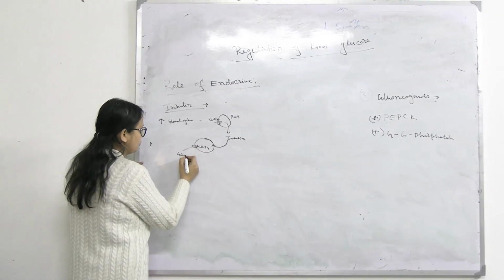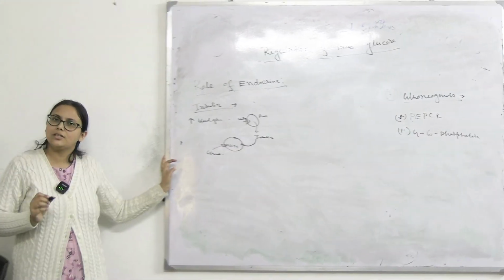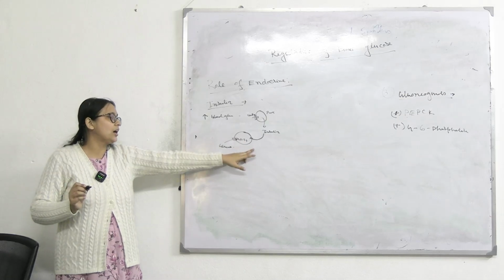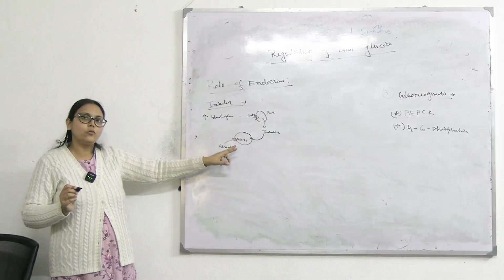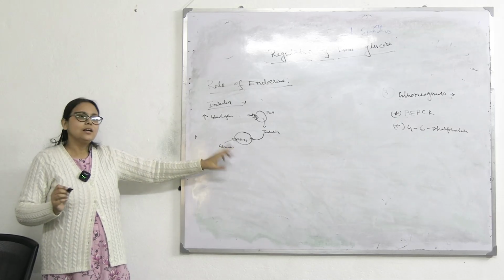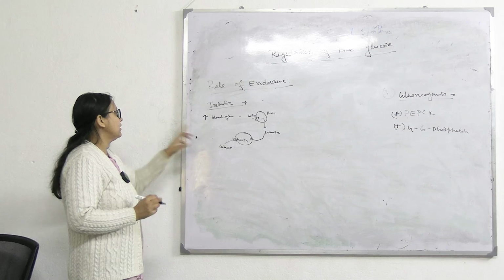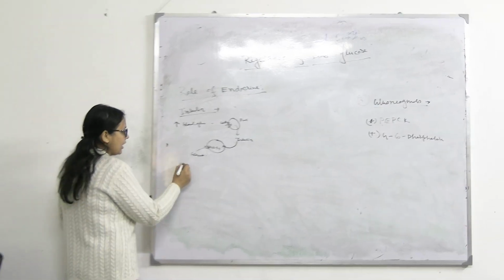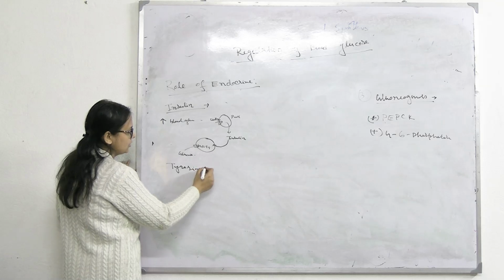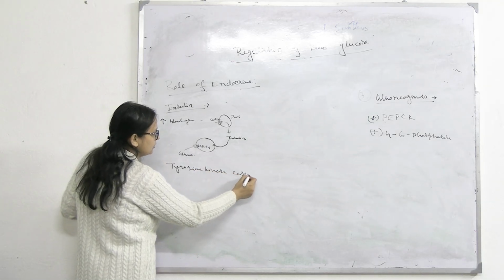This is in other tissue. That's why GLUT4 is called insulin sensitive, because it can't work without insulin. Insulin will come and mobilize GLUT4 towards the cell membrane, and then glucose will be taken up. Insulin works via tyrosine kinase. The name of the mechanism is the tyrosine kinase cascade pathway.